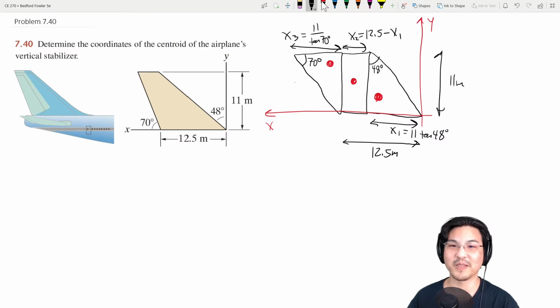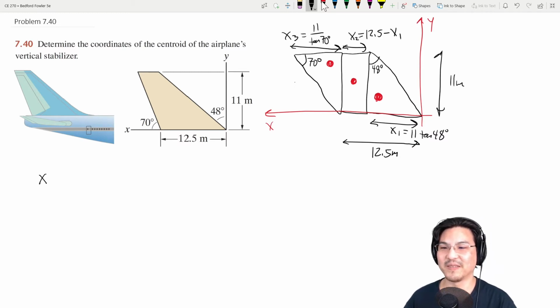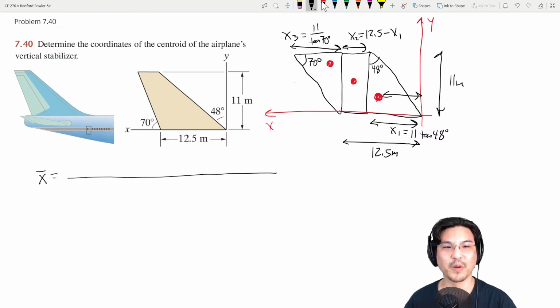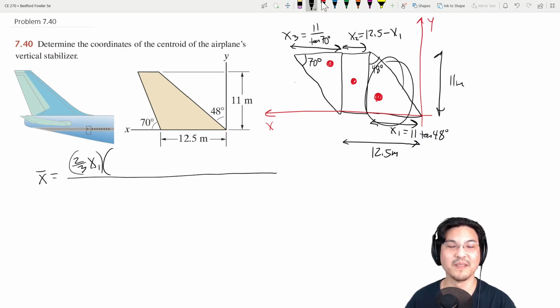Now to find the centroid, we just do the area weighted mean position of the 3 shapes. So for, let's start with this triangle. So here to here is 2/3 of x1, 2/3 of x1 times the area of the triangle.